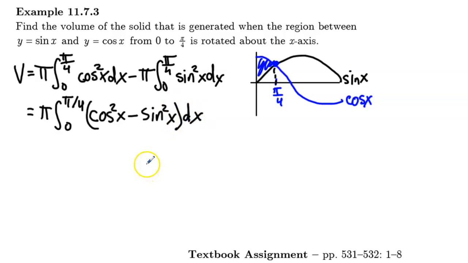Okay. And so that actually is easier because, as you know from previous math studies, cos squared x minus sine squared x is in fact, well, it's a number of different things, but we can write cos 2x dx. And that's a whole lot simpler to figure out the antiderivative of compared to what has come before.